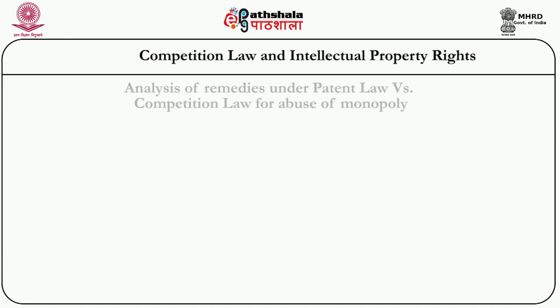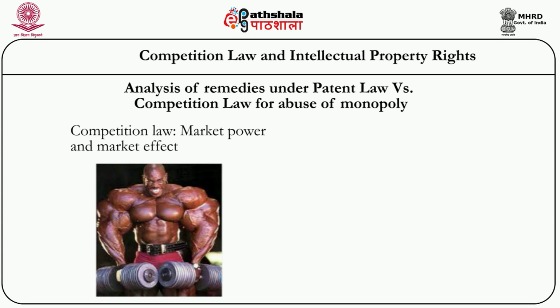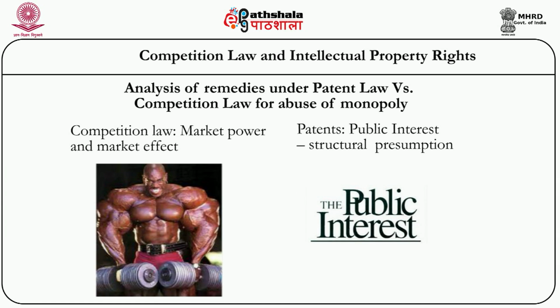But if you look into competition law, even if there is denial of access to certain essential facility, or if there are restrictive trade agreements, or if the combinations lead to foreclosure of competition, they are essentially based on evaluation of market power and market effect. Competition law does not make any kind of structural presumption in relation to either public interest or in relation to other kinds of factors that are non-economic in nature.